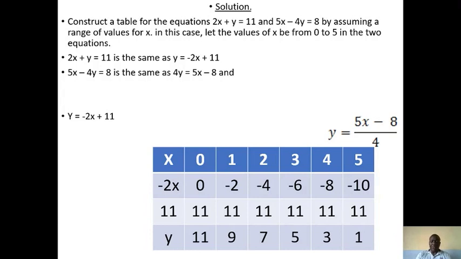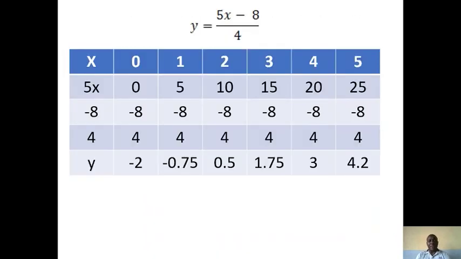Using this table, we now look at the next table, because it is two equations, so we need two tables of values. We need to give values for x first, which are 0, 1, 2, 3, 4, 5.